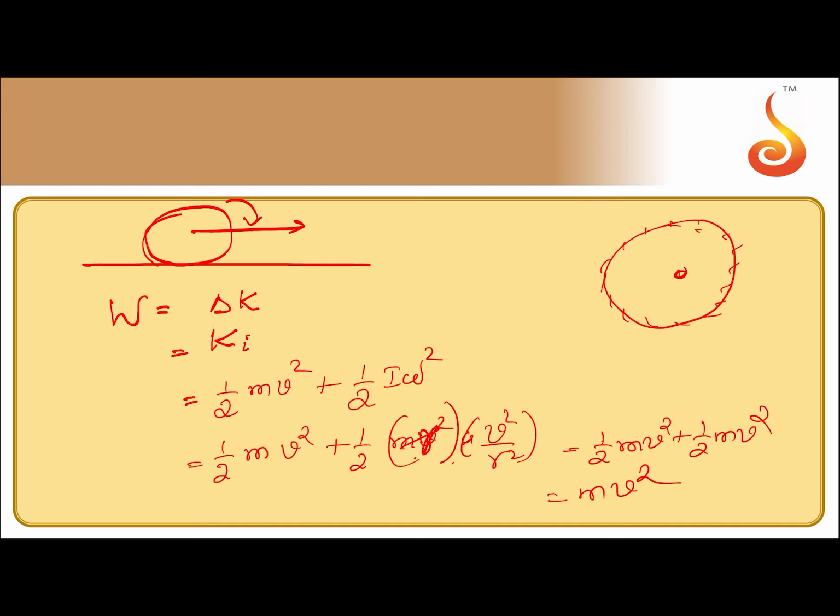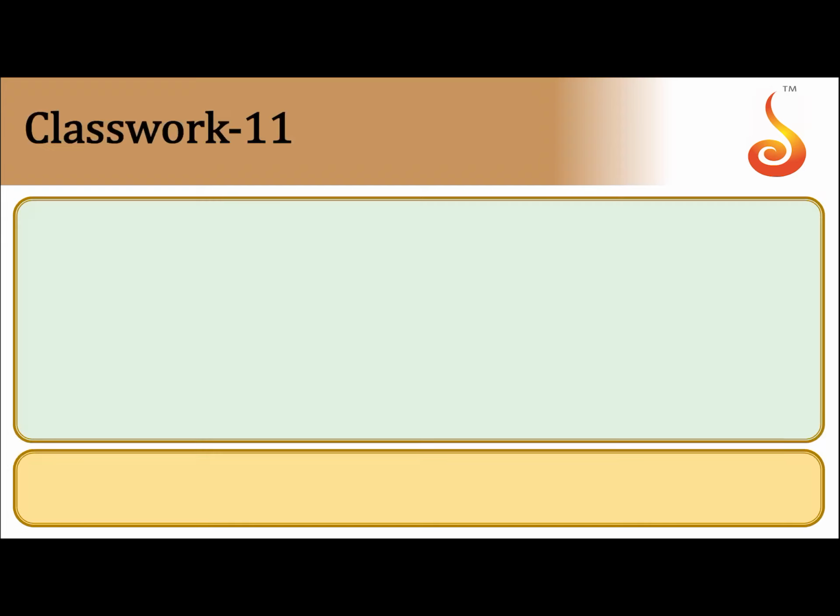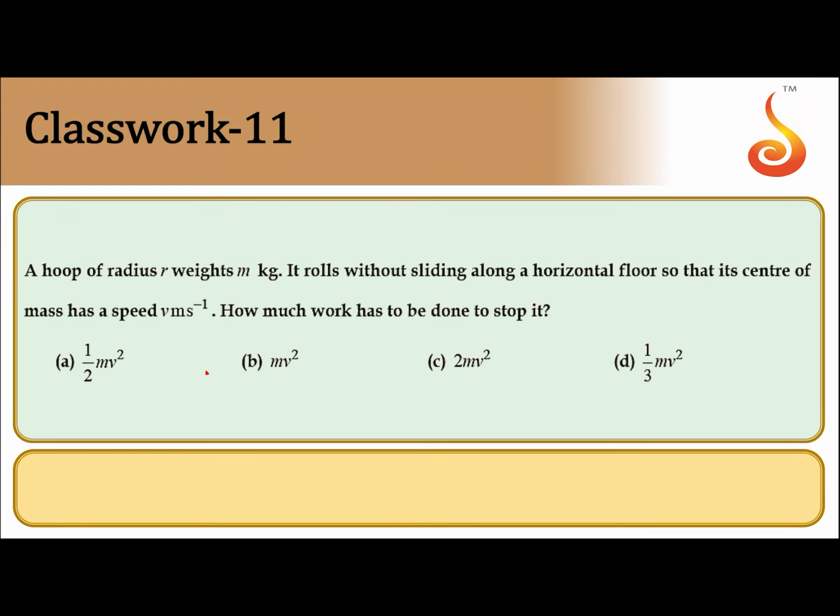So the kinetic energy initially is mv square. That is the work to be done to stop it. So the work done is equal to mv square.